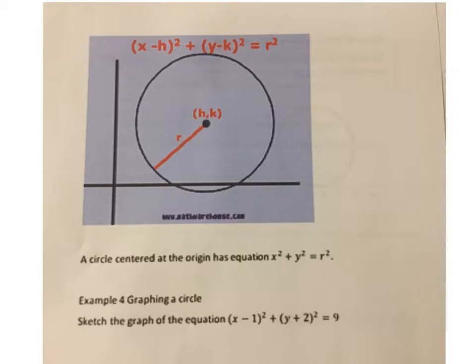All right? Now, a circle that's centered at the origin. Well, what would the equation for that be? It tells us x squared plus y squared equals r squared. That makes sense because if my h were 0 and my k were 0, because it's centered at the origin, x minus 0 squared is x squared. Y minus 0 squared is y squared. Equals that r squared. And then, even a step further, do you know what it's called when you have a circle centered at the origin whose radius is 1?